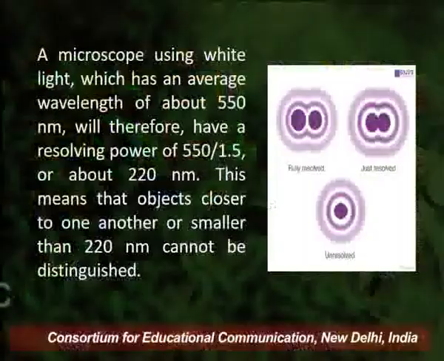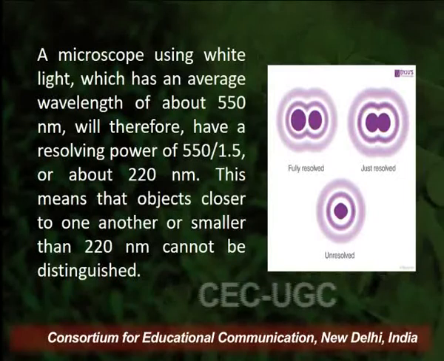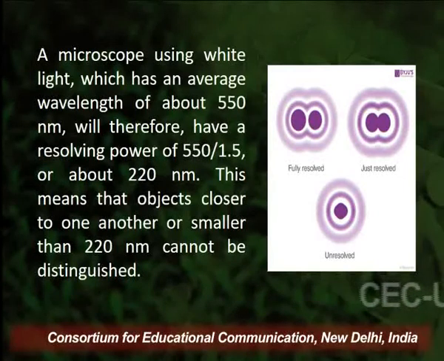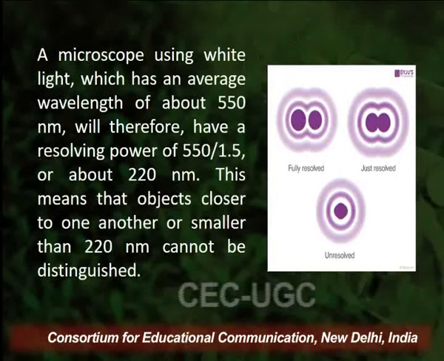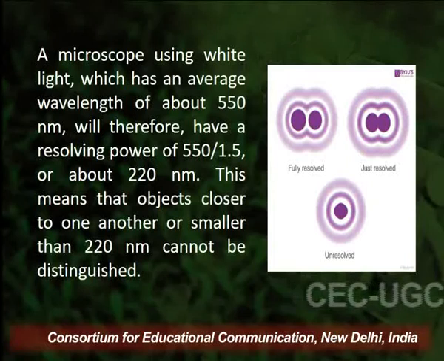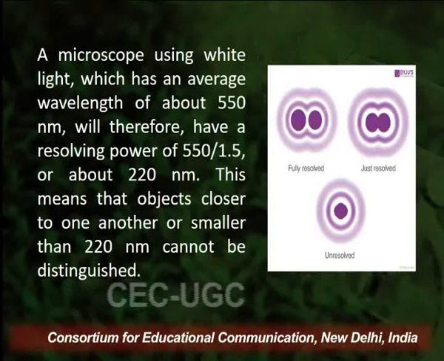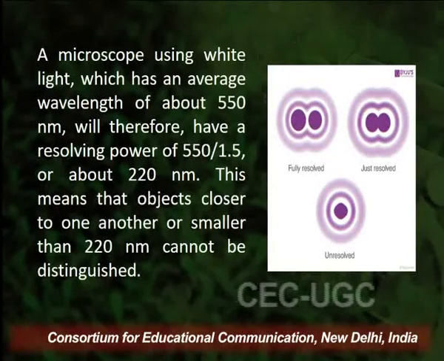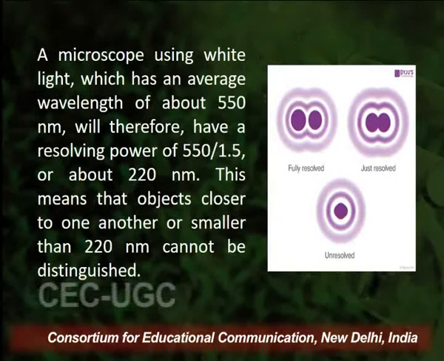A microscope which uses white light has an average wavelength of approximately 550 nanometer. So the resolving power of that microscope will be approximately 550 upon 1.5, 1.5 being the maximum value of numerical aperture.